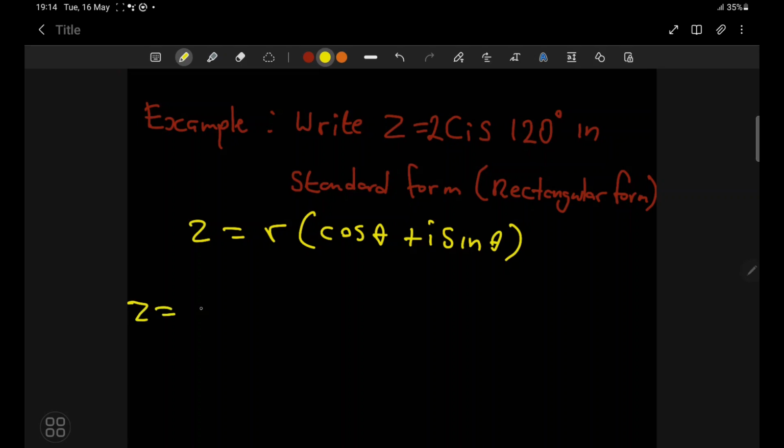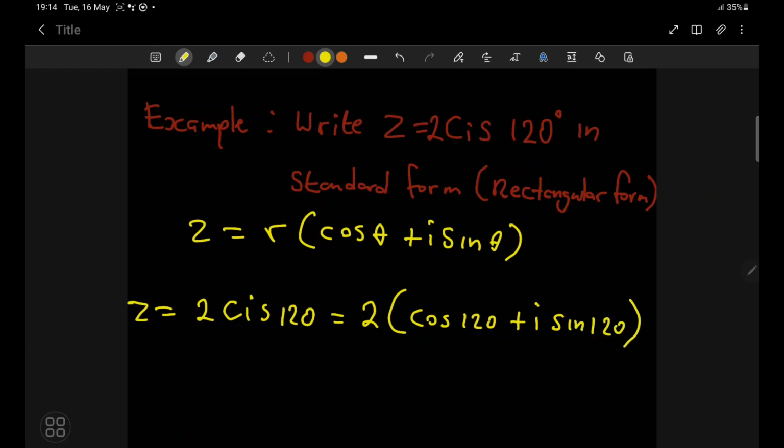So initially it's this. Changing it into this format, we'll have 2, which is our r, times cos 120 plus i sine 120. Then we'll have 2 times cos 120, which is negative a half, plus i times sine 120, which is the square root of 3 over 2.